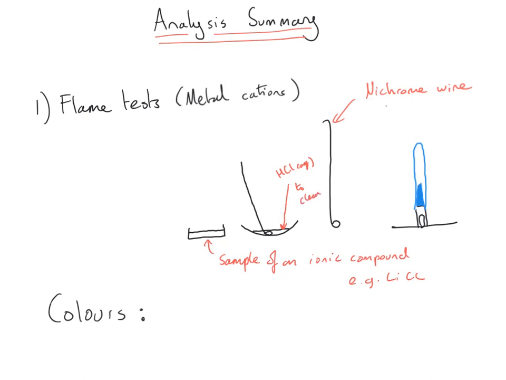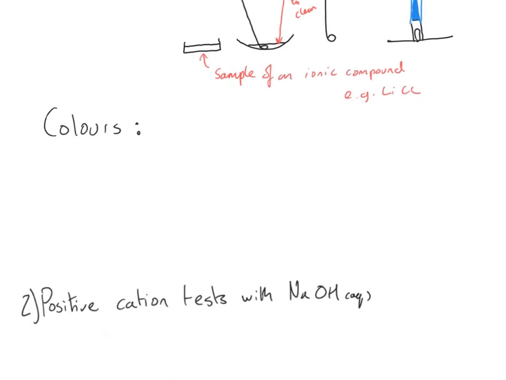Now you need to know 5 different colours for the Edexcel IGCSE. The first one you need to know is lithium. So lithium plus gives a red colour. Sodium gives a yellow colour.